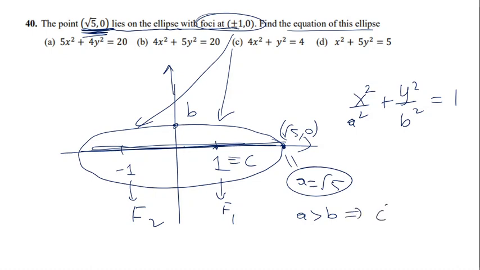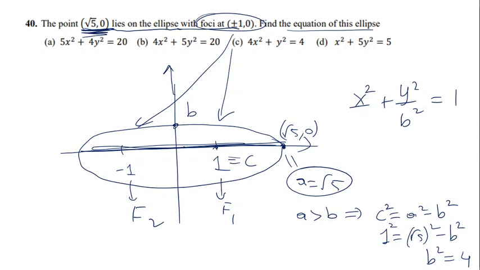So we say c squared is equal to a squared minus b squared. c is 1, a squared is square root of 5 squared, so b squared is equal to 4.